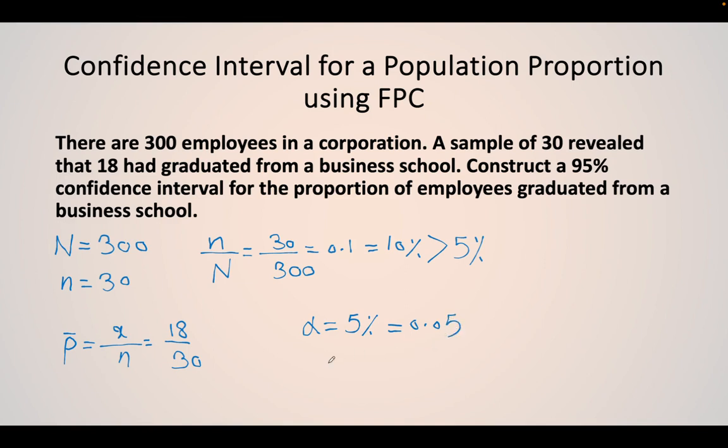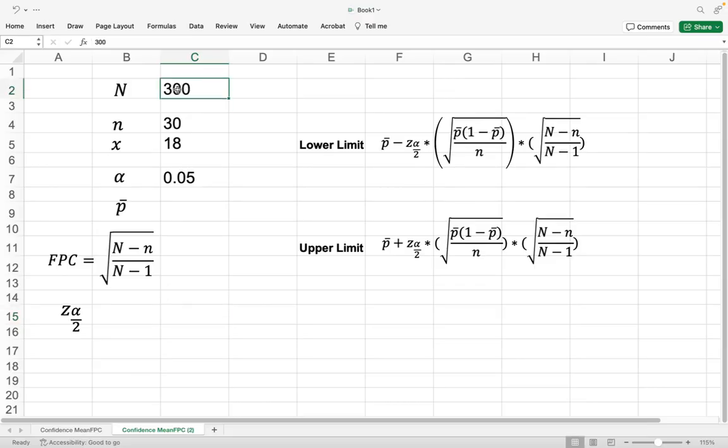So let's go to Excel to make a confidence interval for the population proportion using FBC. We have a population of 300, a sample of 30. Out of these 30 employees, 18 had graduated from a business school. Alpha is 5%. First, let's find P bar.